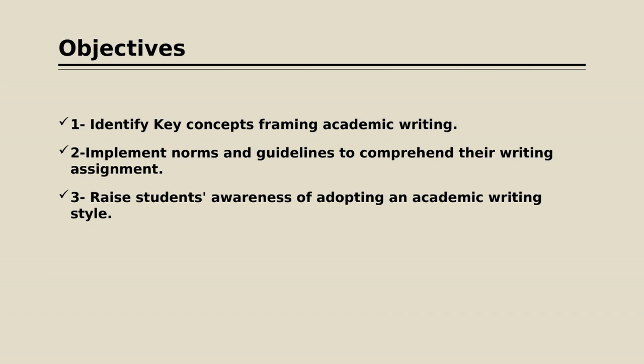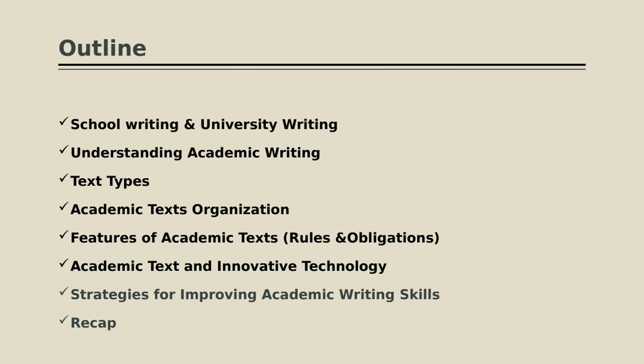Let's look at the outline and the contents we have for today's workshop. We'll be looking briefly at school writing and university writing, and I'll be introducing some key concepts, and I call this part understanding academic writing. And then we'll be looking at text types and academic text organization.